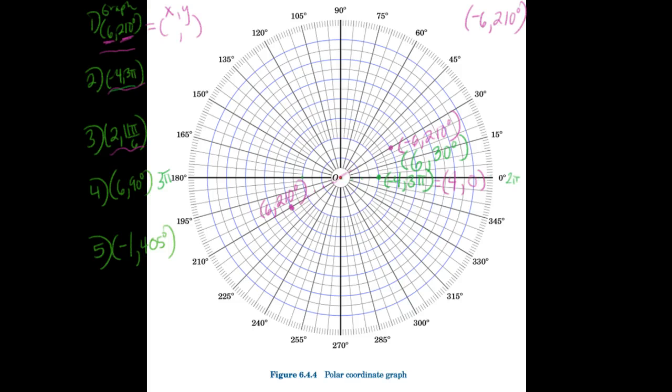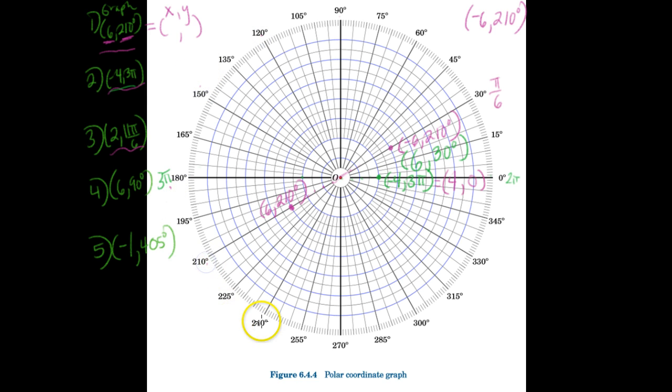So let's look at the third point, 2 and 11 pi over 6. Well, 11 pi over 6, here's 1, 2, 3, 4, 5, 6. No, I broke it up too many. Here's pi over 6. They gave us too many options. So 1 and then 2, 3, 4, 5, 6.